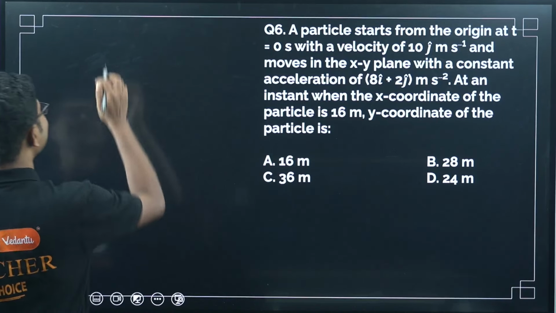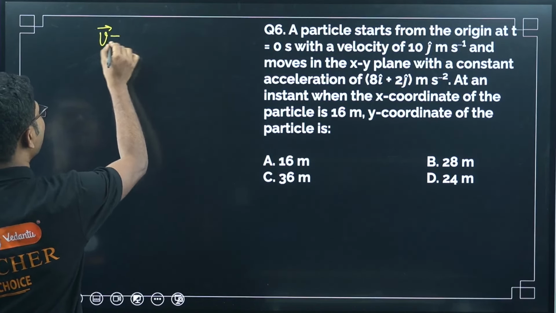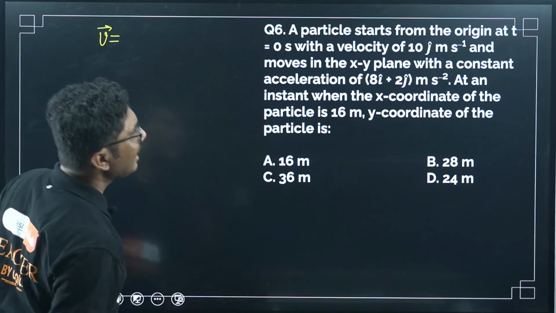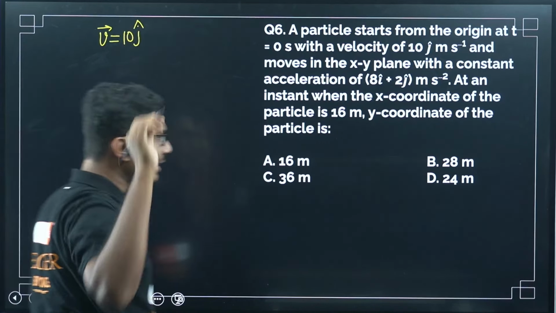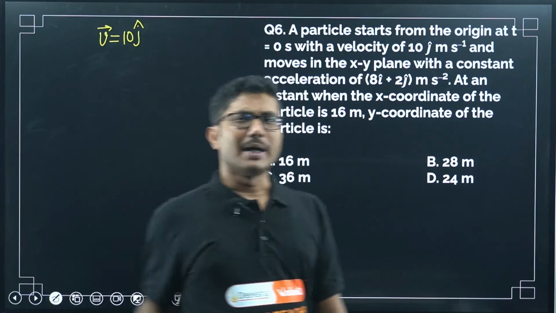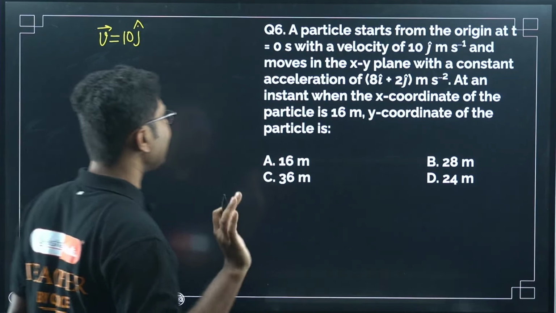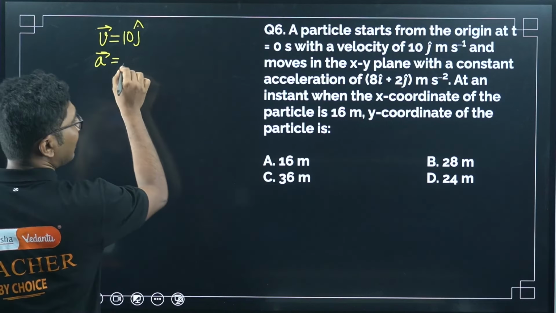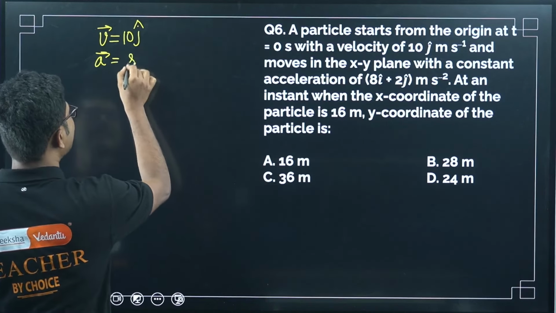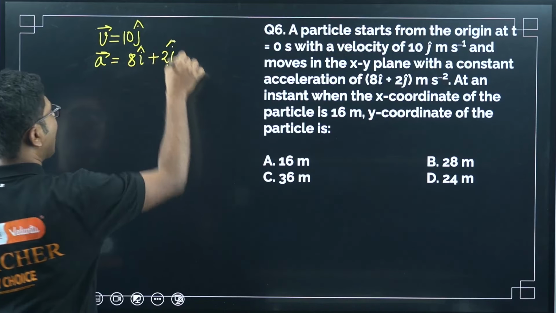So first of all, let us understand what is happening. Initial velocity is given by 10j. You don't need to understand the question in depth, but you have to apply the basic concepts of vectors as well as a little bit of understanding. And acceleration is given by 8 i cap plus 2 j cap.